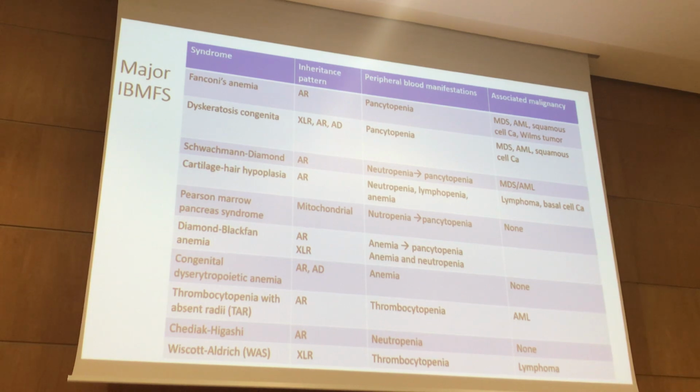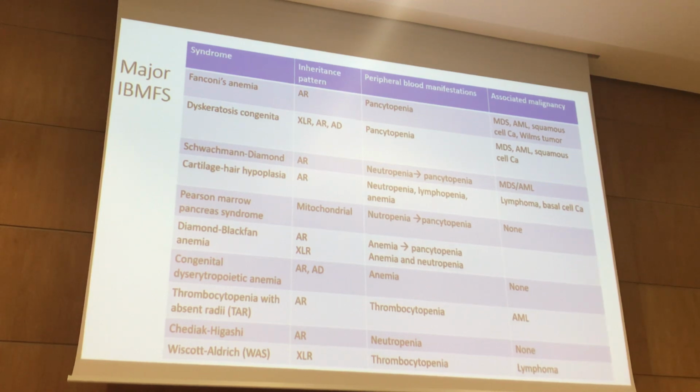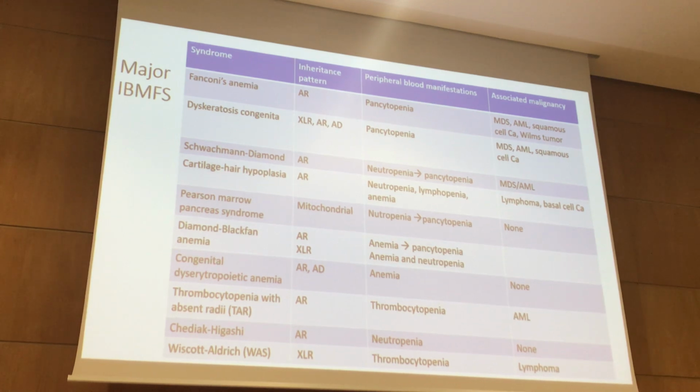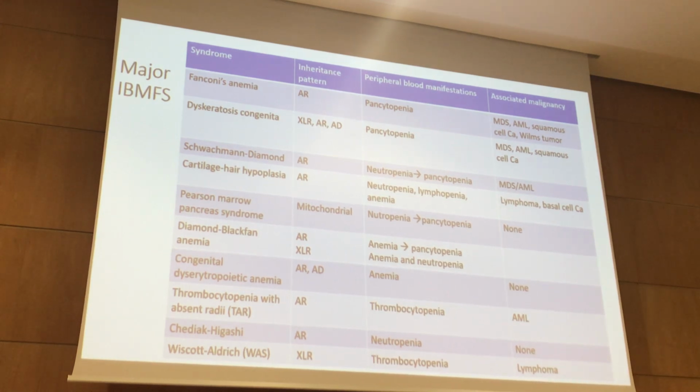Similarly, Pearson bone marrow pancreas syndrome. Diamond-Blackfan syndrome is also named pure red cell anemia. So, as the name implies, it may start with anemia only, but with time, it may proceed to pancytopenia. TAR syndrome, thrombocytopenia with absent radii.